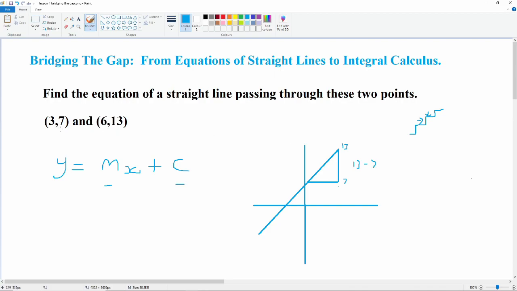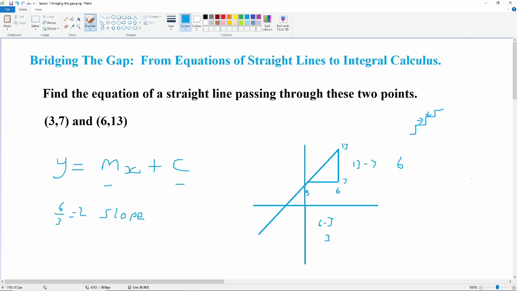And the run, well, it's gone from 3 to 6, so the run is 6 minus 3. 13 minus 7 is 6. 6 minus 3 is 3. So our rise divided by our run, which is our slope, is 6 divided by 3, which is 2. And that's our slope, which is m.